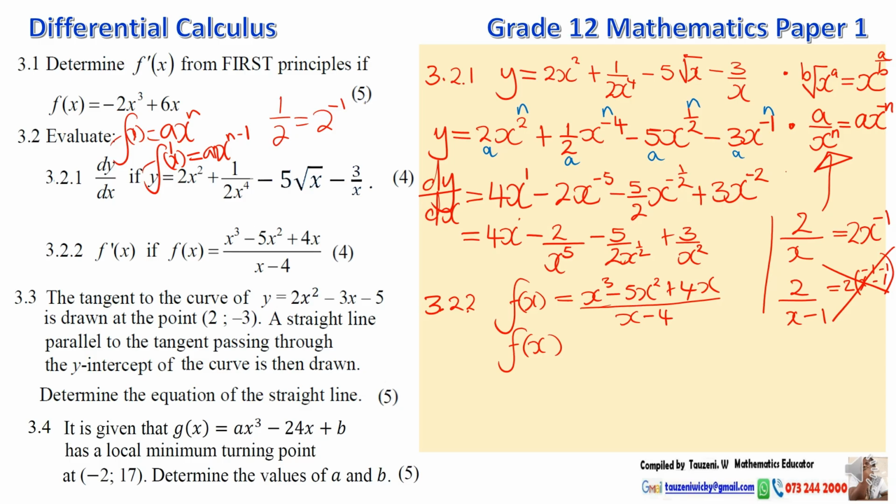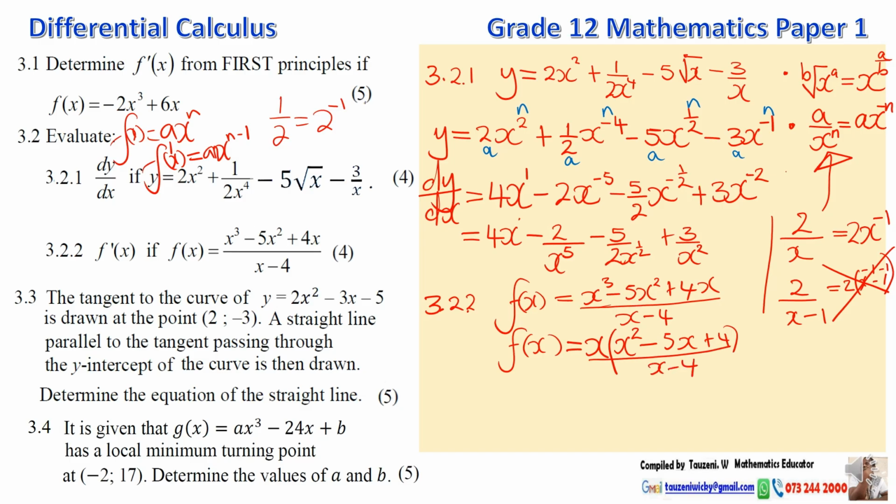If your denominator has 2 terms, it means you must use factorization to simplify your answer. So if you look at the top one, there is a common factor x. If you factor out x, you're going to get x squared minus 5x plus 4, divided by x minus 4.